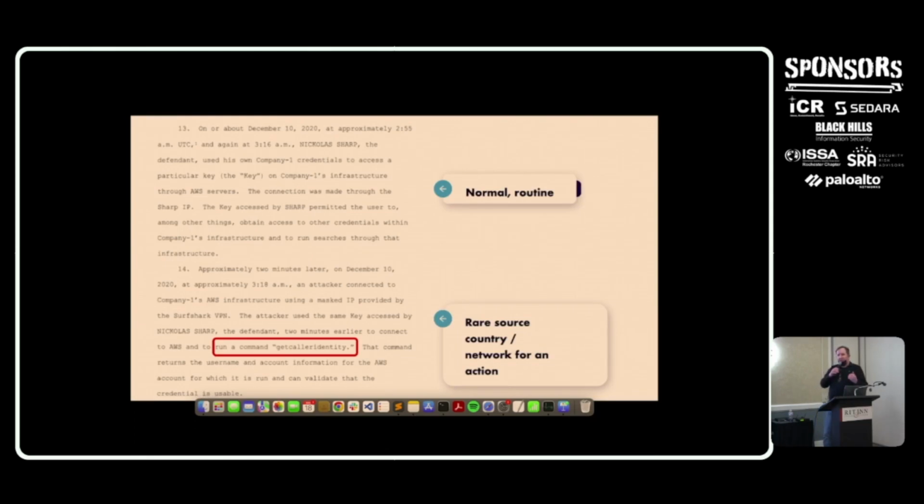So in terms of applying these to the examples, in this case, in get caller identity, this is coming from a rare source country and network because it's coming from a VPN provider that was just not normally used here.